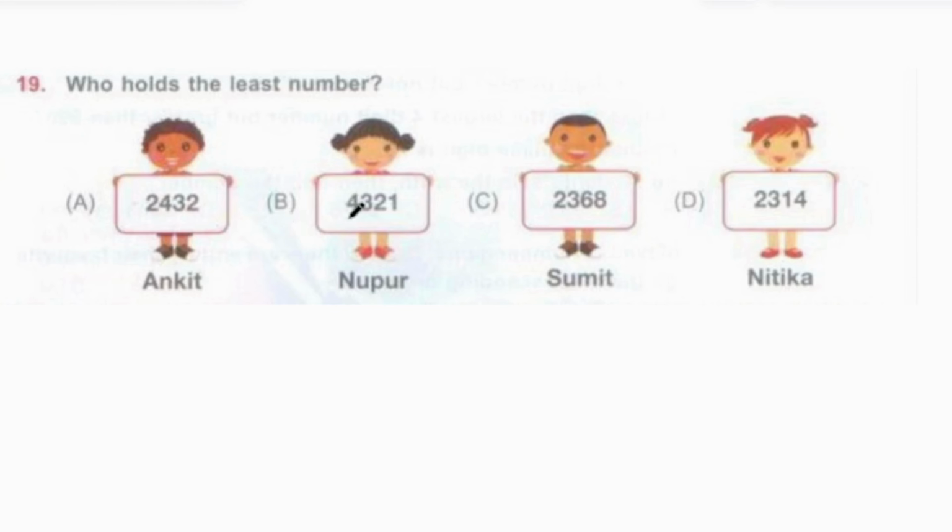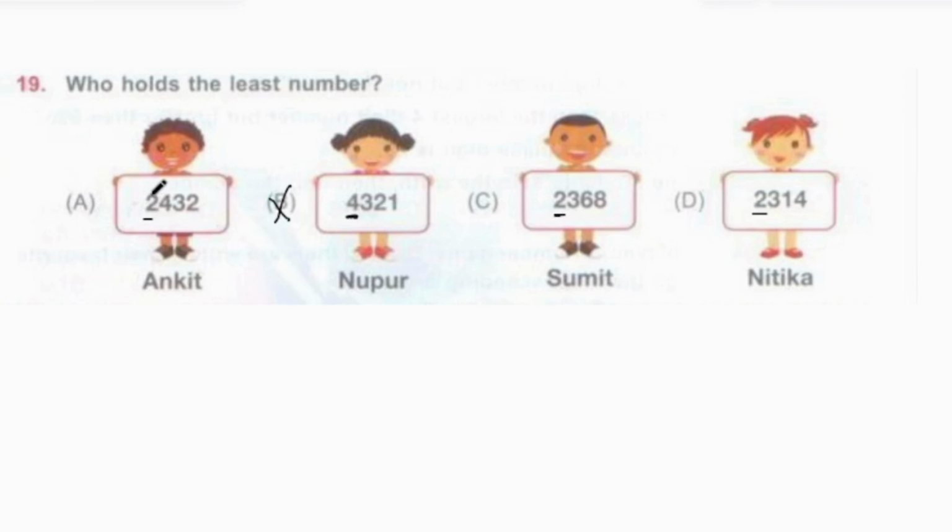The largest number here starts with 4 in the thousands place. So this cannot be the least number. We will eliminate it and not even look at it. Now the rest of the three options all start with 2 in the thousands place. So all are valid contenders for being the right answer.